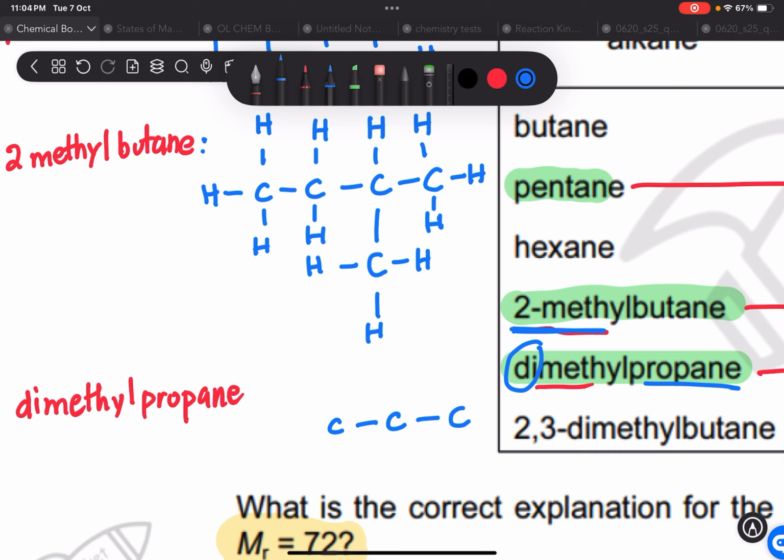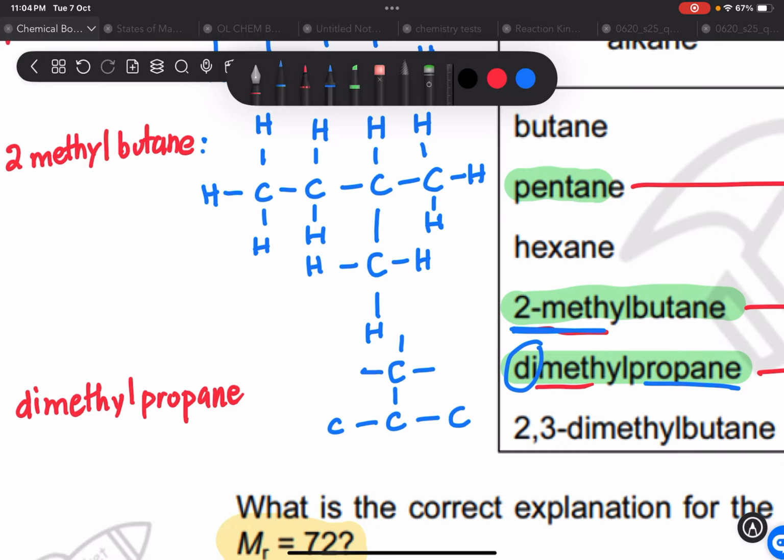For dimethyl propane, we need to draw 2 methyl units. If we draw, for instance, methyl units on this carbon, CH3 and CH3, then we're going to consider this as the long chain, so it's going to become 2-methyl butane. So we have to draw the methyl chains on this carbon, CH3, like this.